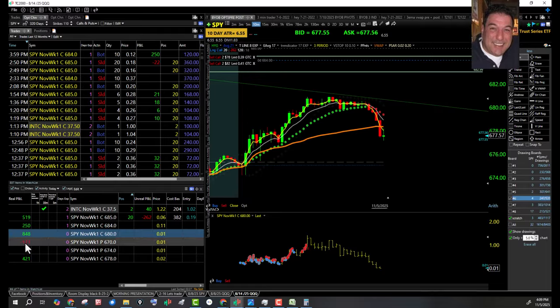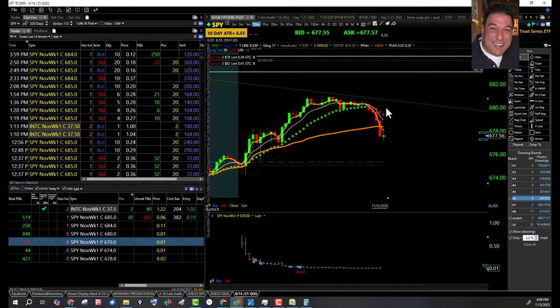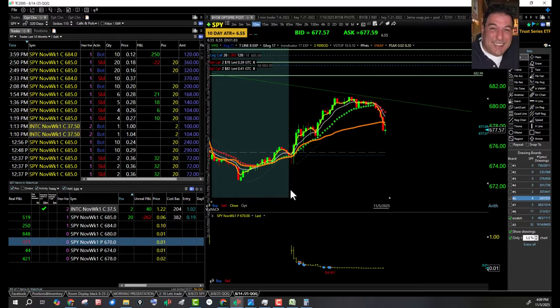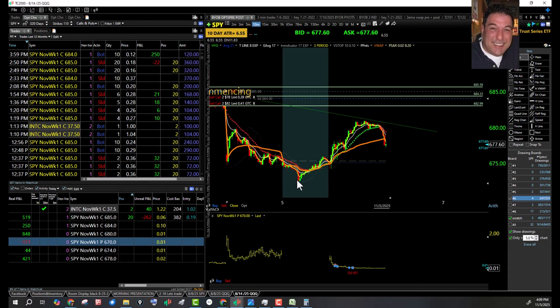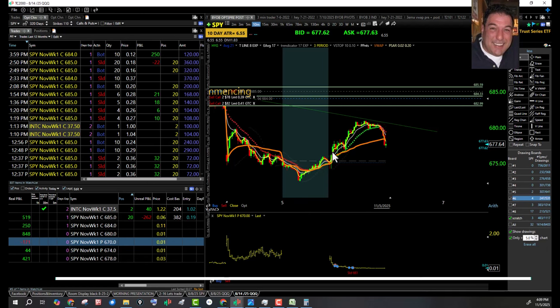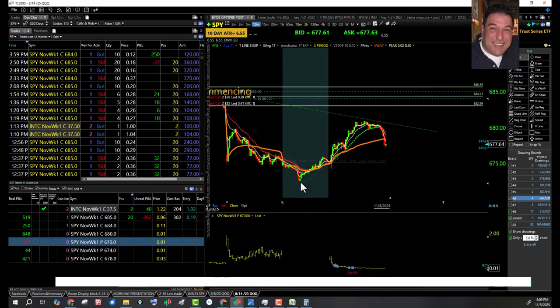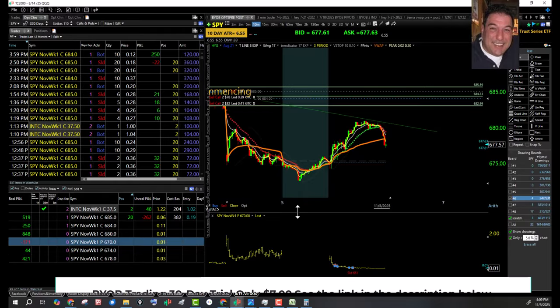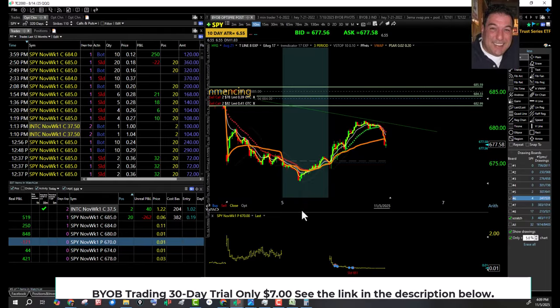All right, so again, with the puts I lost 171. I showed you that. Again, the market did not go lower. It did in the post market. It went all the way down to 670. But yet we opened up all the way back here. Of course, we put in an exhaustion candle right into support in the futures market.